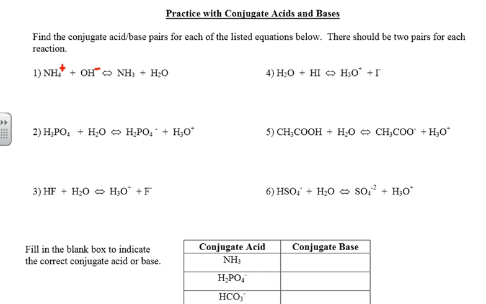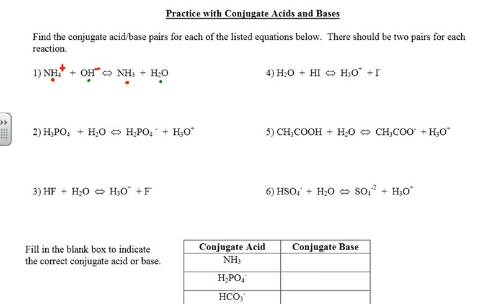What you can see is that the ammonium here on the left side and NH3 are related because the only thing different between those two is one hydrogen atom. The other pair is going to be the hydroxide and the water.